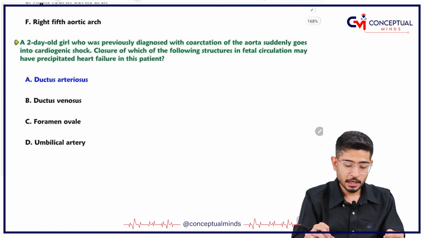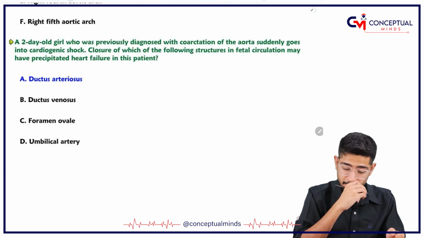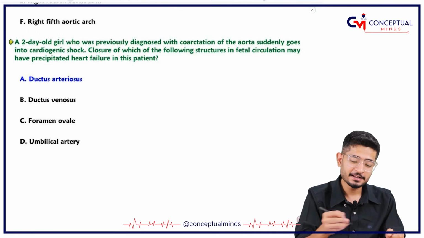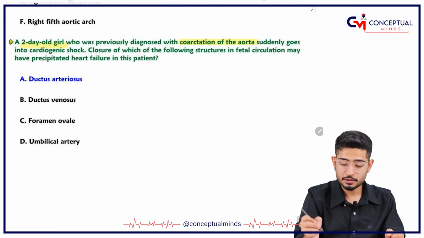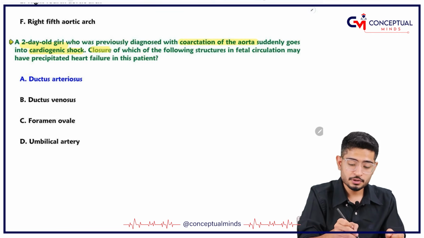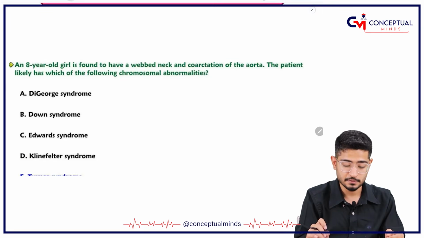And coming on to the ductus arteriosus. A 2-day-old girl who was previously diagnosed with the coarctation of aorta suddenly goes into cardiogenic shock. Closure of which of the following structures is responsible? Of course, the ductus arteriosus.